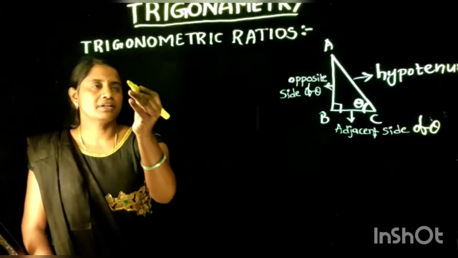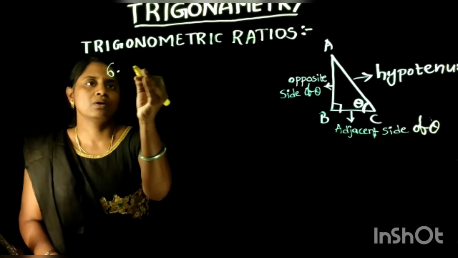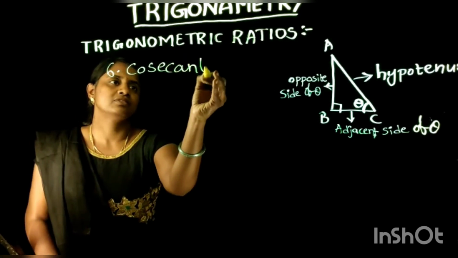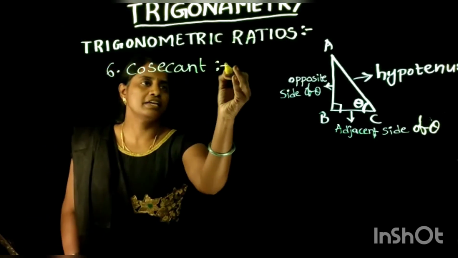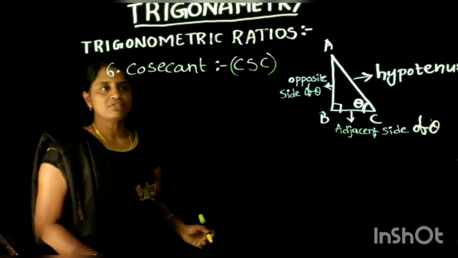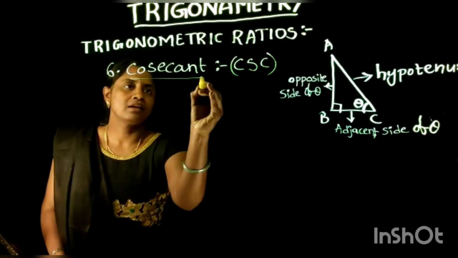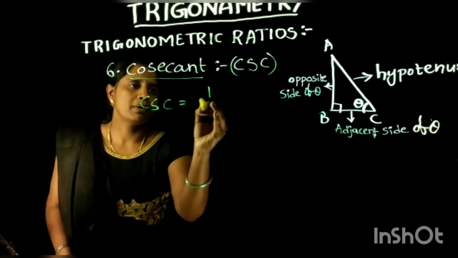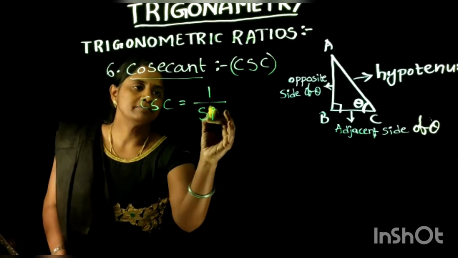The last trigonometric ratio, the sixth one, is cosecant. The short form of cosecant is cosec. It is the multiplicative inverse of sine. That's why we write cosec theta is 1 by sin theta.